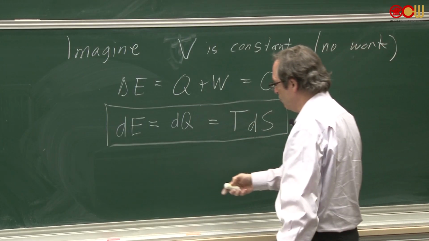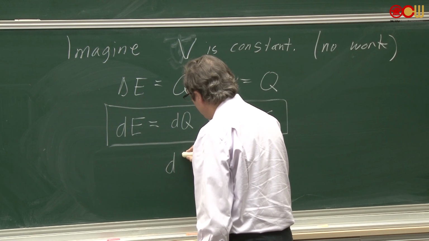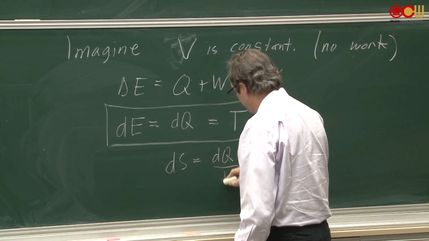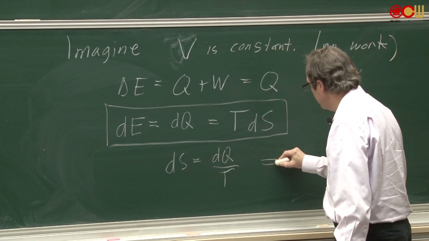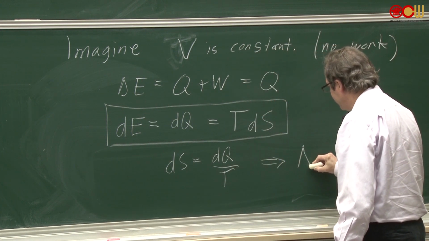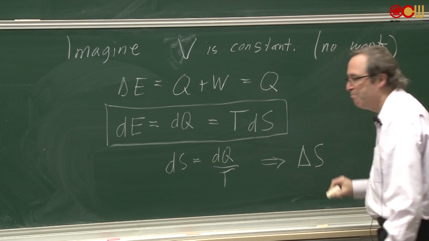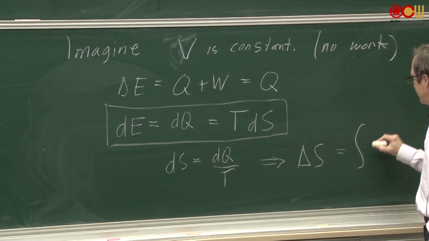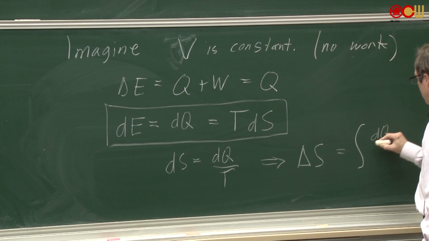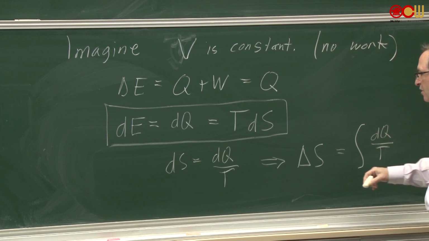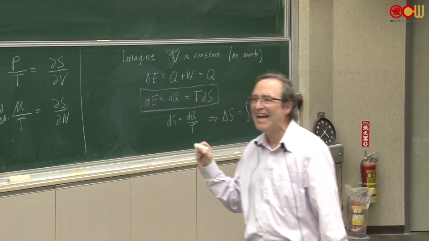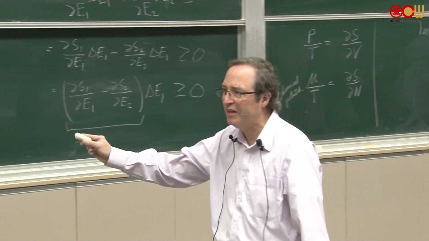So I could do this, and I can rewrite dS is equal to dq over T. And that implies delta S, a big change in entropy, would equal the integral of dq over T. In other words, I'd integrate over dq and T. And this suggests an actual experimental way of doing this.